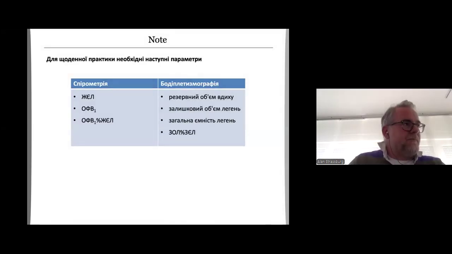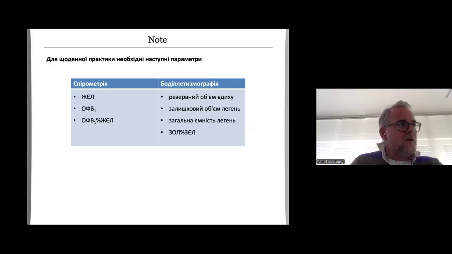So, in summary, I think the most important volumes you can measure with the lung function tests are in spirometry. Those are the dynamic volumes you can measure with a smaller handheld spirometer: the vital capacity, the FEV1, and the quotient between the FEV1 and the vital capacity.